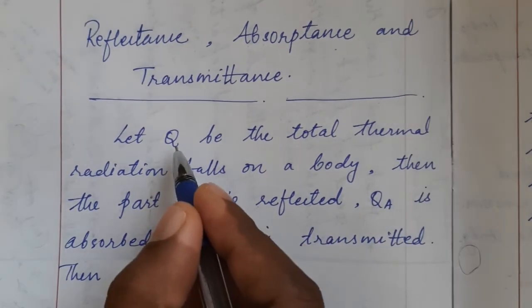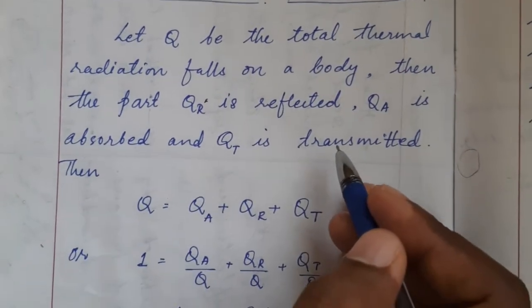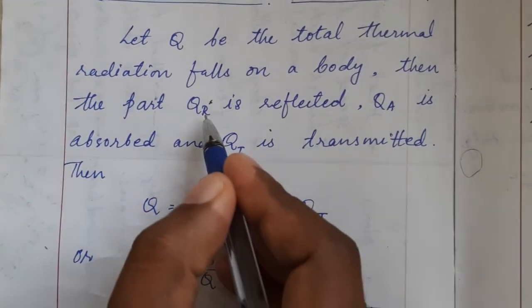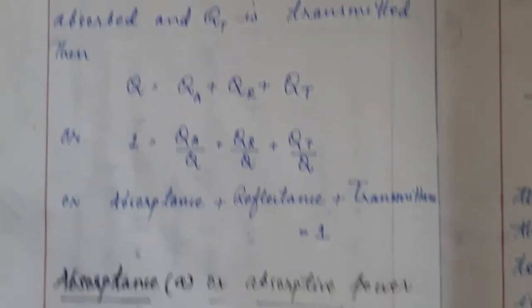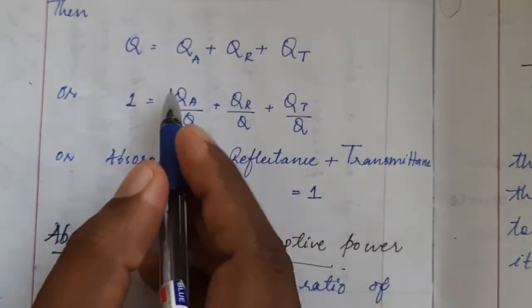So let Q be the heat energy given. That is used for three purposes. One is for absorbing, the material will absorb, that is QA. QR is reflected and QT is transmitted. So that's what we are writing as an equation: Q is equal to QA plus QR plus QT.